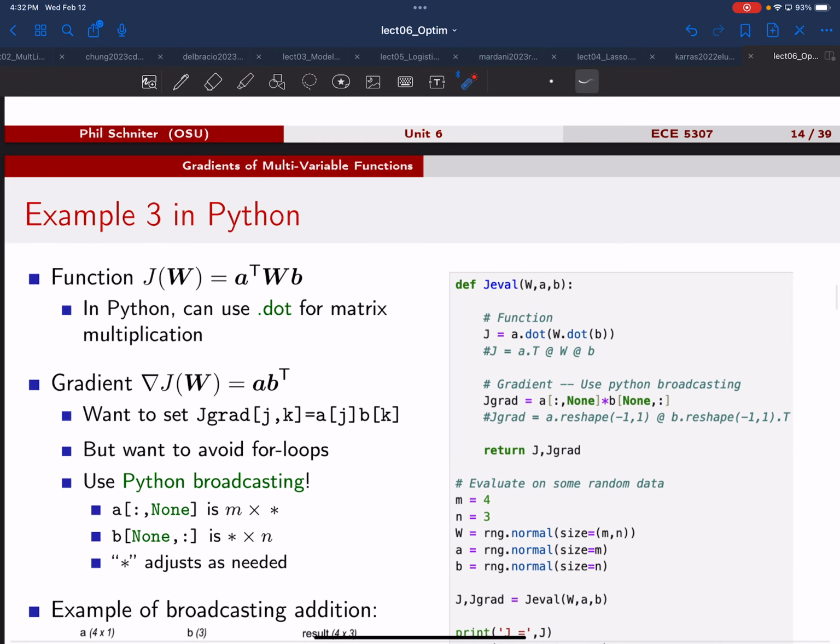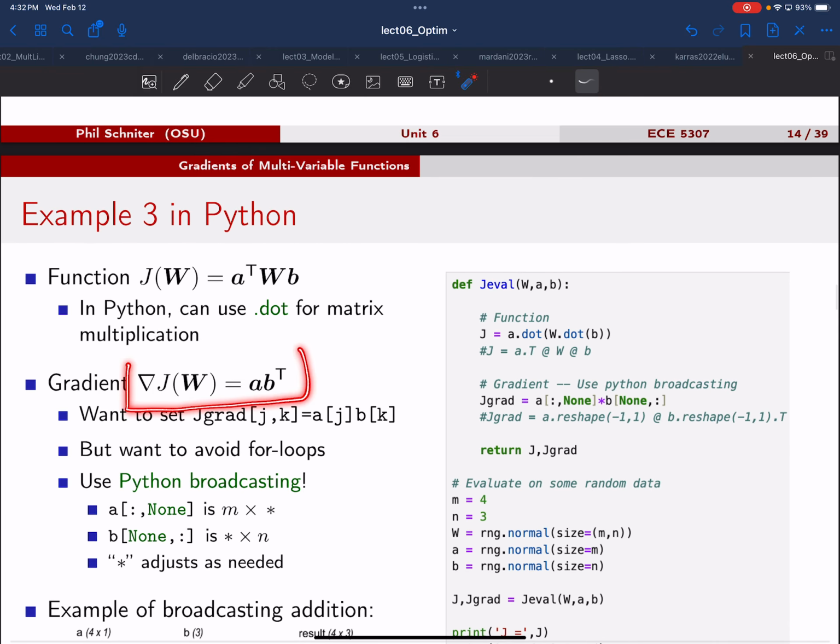Now, when we come to the gradient, it's a little bit more complicated because in this function, A and B are 1D arrays. Different from MATLAB, in NumPy, when you have a 1D array, it's neither a row nor a column matrix, because to think about a row vector or a column vector, you really have to be thinking about a matrix.